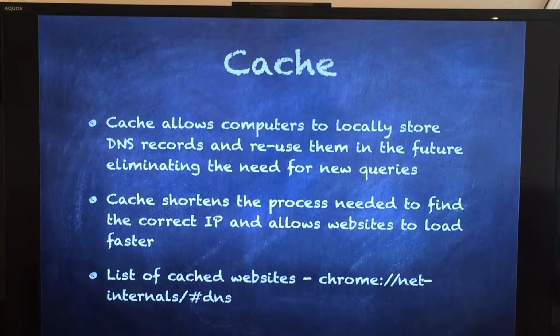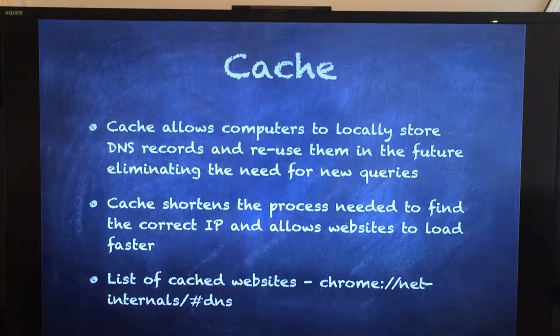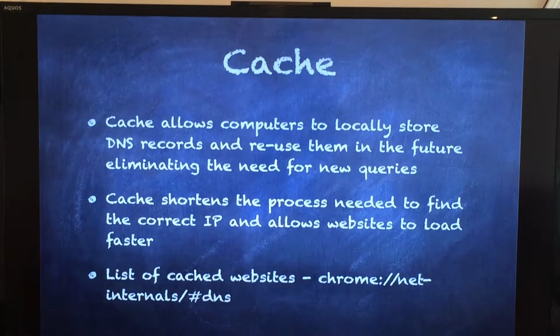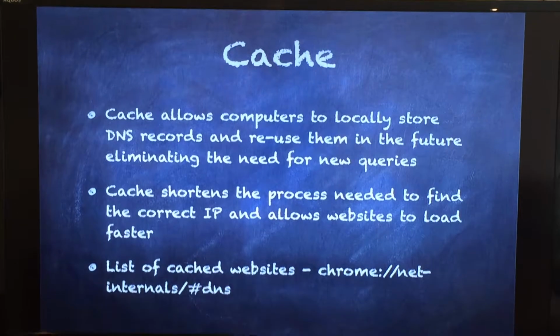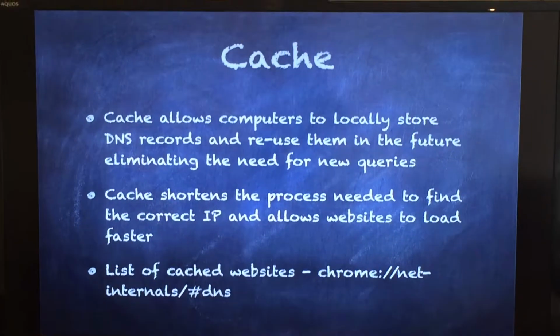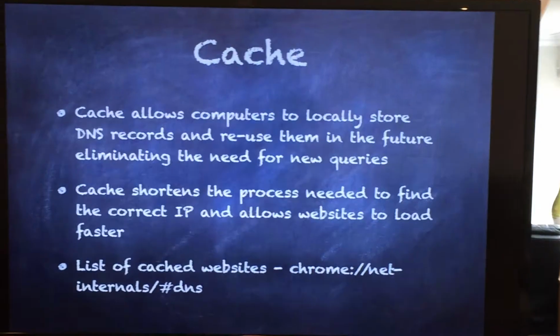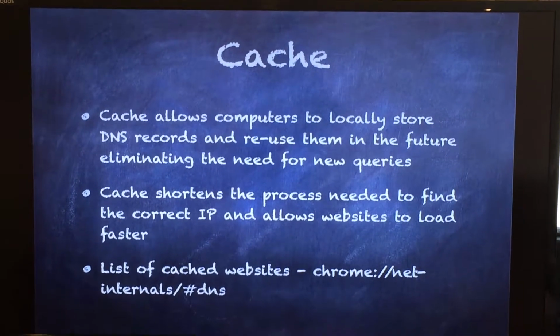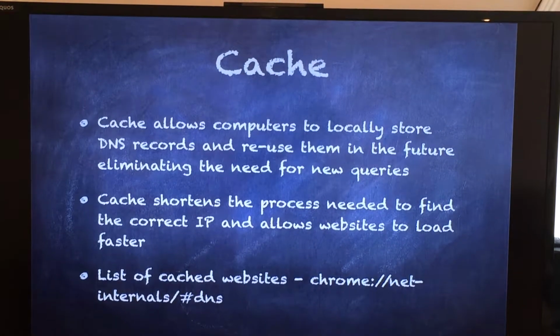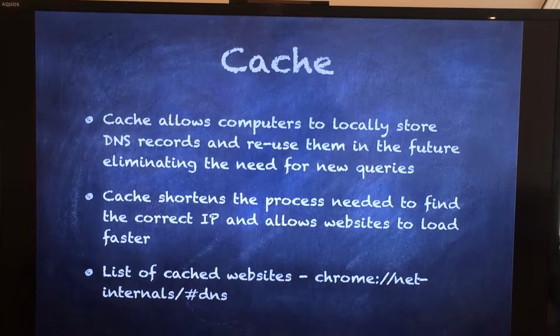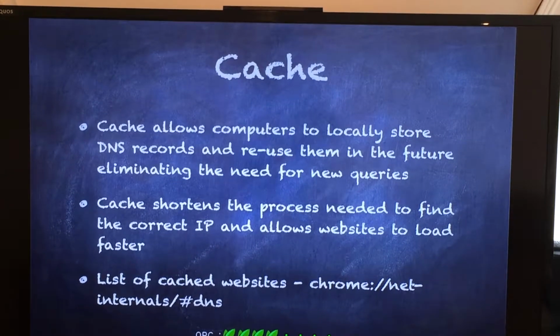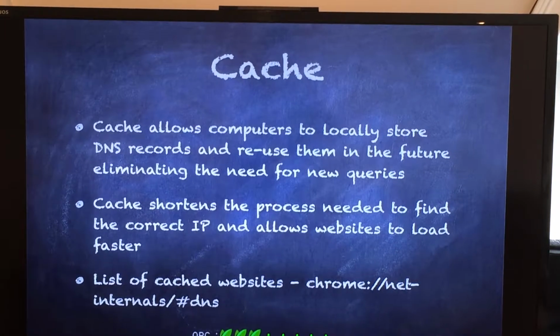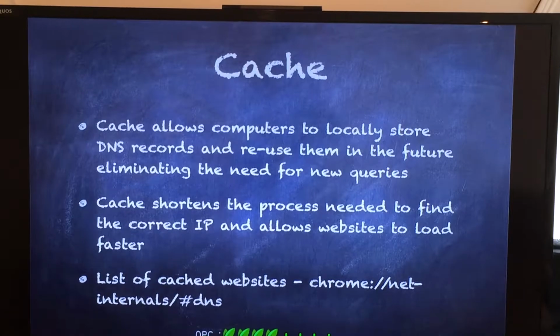This means that if, for example, I have recently queried nerdina.org and a few minutes later I was to query it again, those same records from my previous query could be used, avoiding the need to query each and every individual server and go through all of those hops once again. And this also means that websites are able to load faster.